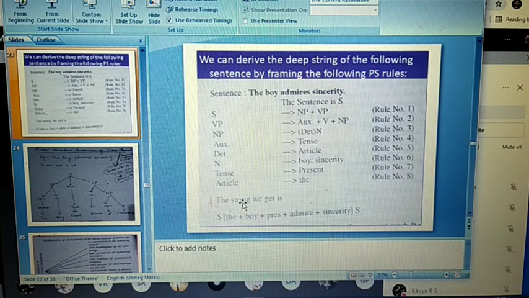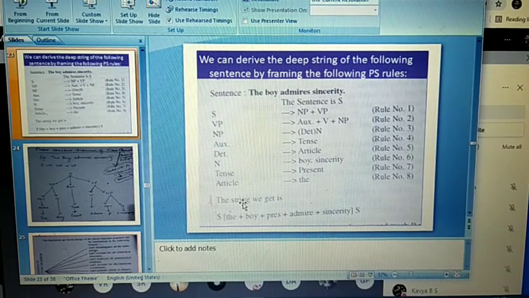What is NP? Determiner; it can be an article, a demonstrative, anything like that. Noun phrase is determiner plus noun. Rule number 3. Next is auxiliary. What does the auxiliary do? It indicates the tense. That is rule number 4.